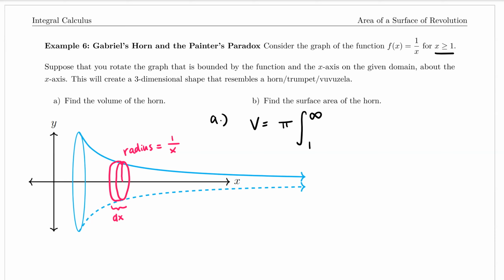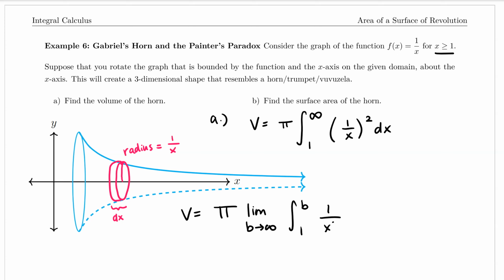And then we have the radius squared dx. So let's rewrite this as pi times the limit as b approaches infinity of the integral from 1 to b of, and if we square that, that's going to give us 1 over x squared dx.